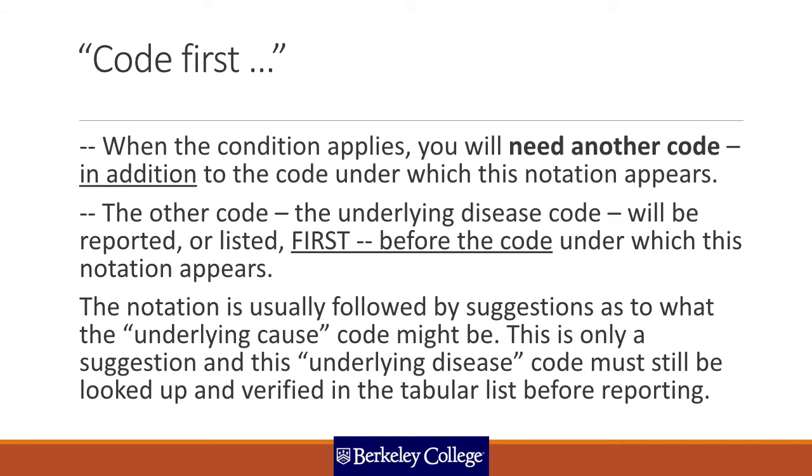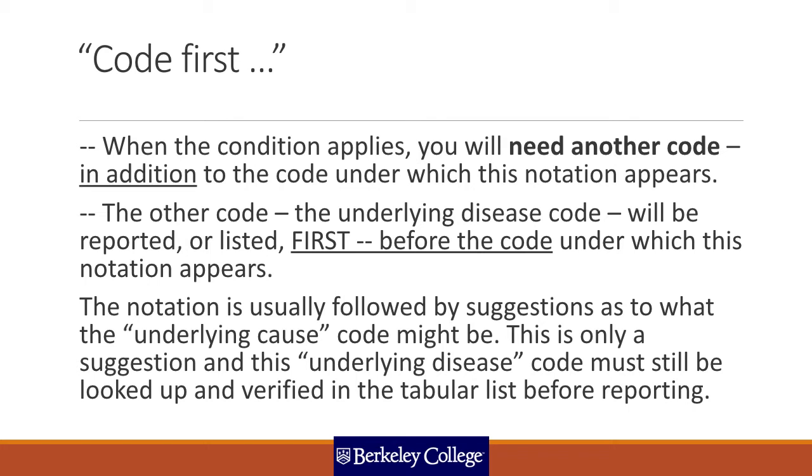The code first notation also tells you several important things. When the condition applies, you will need another code, in addition to the code under which this notation appears. The other code, the underlying disease code, will be reported or listed first before the code under which this notation appears.